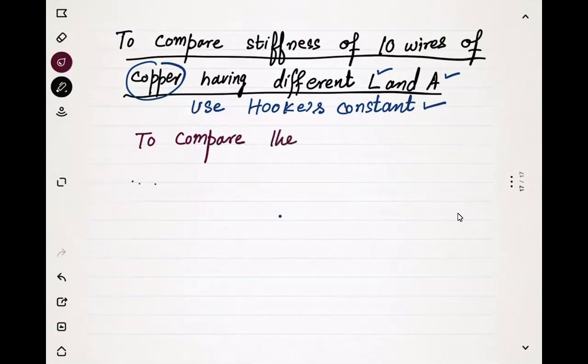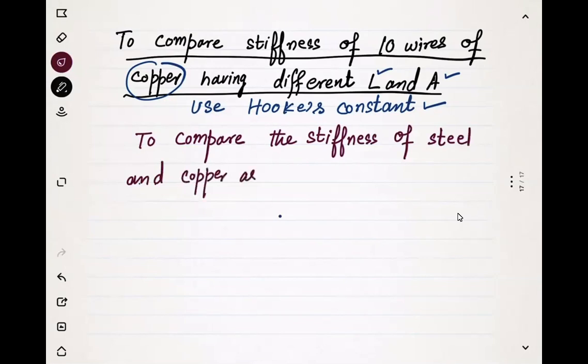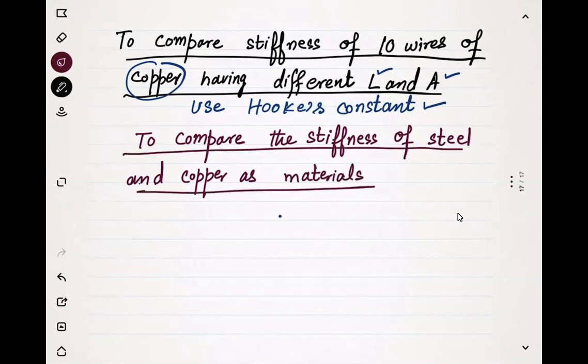However, if the examiner asks you to compare the stiffness of steel and copper as two different materials, then in this case, the length and area is irrelevant.